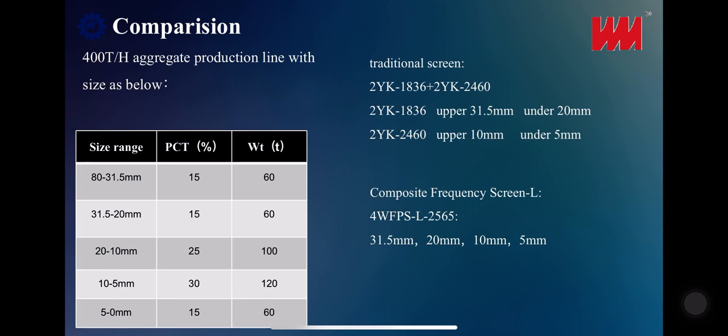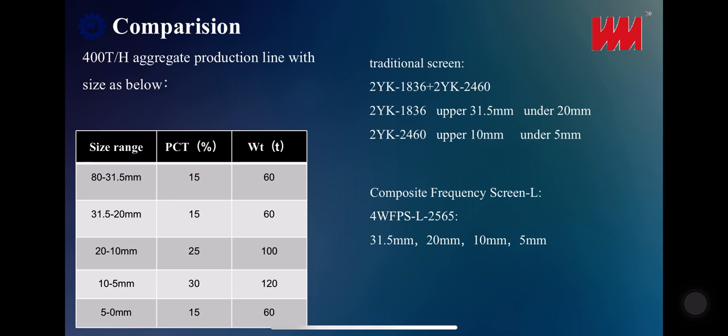And here we have an aggregate production line with capacity 400 tons per hour. If you use a traditional screen, you use two screens.